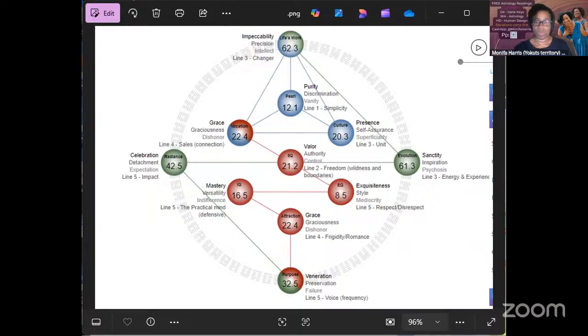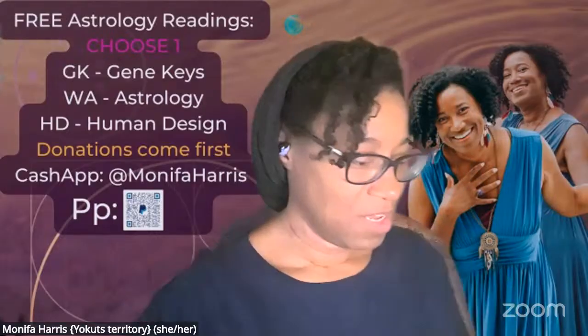Let's show the human design chart for a second. I'm always curious what people have had the most experience with. Of course, we have a lot of Western astrology people, since anybody interested in astrology has probably had a taste of Western.